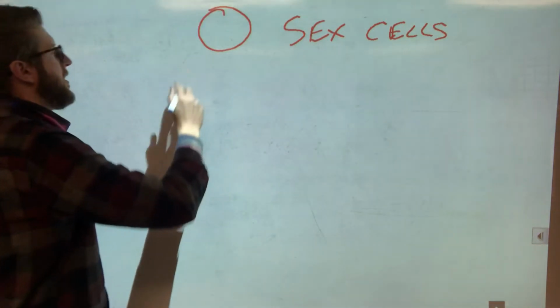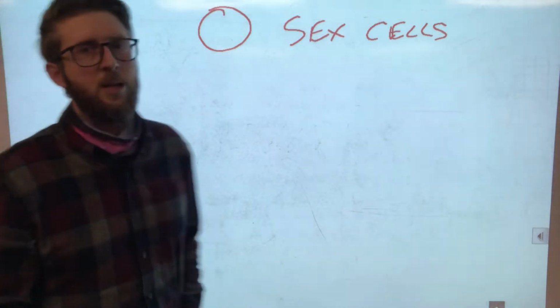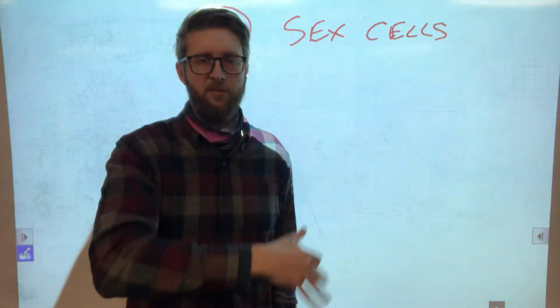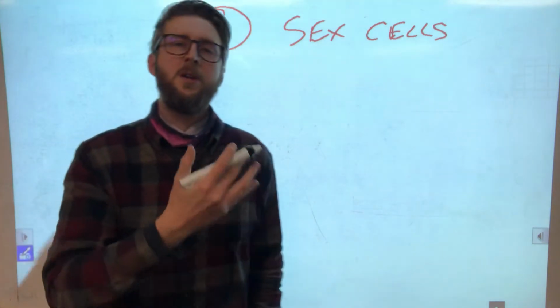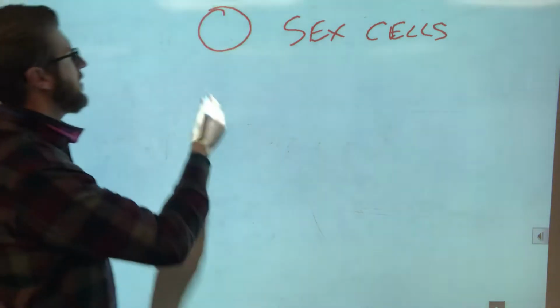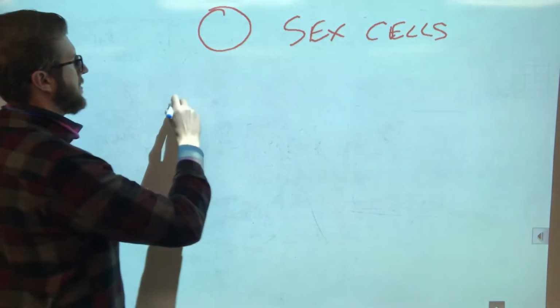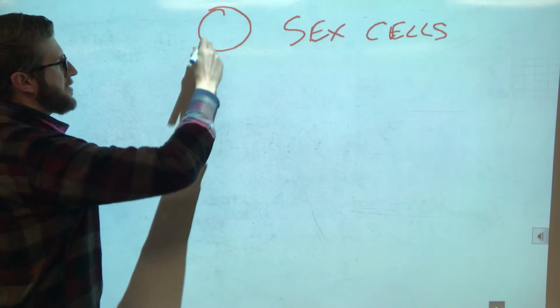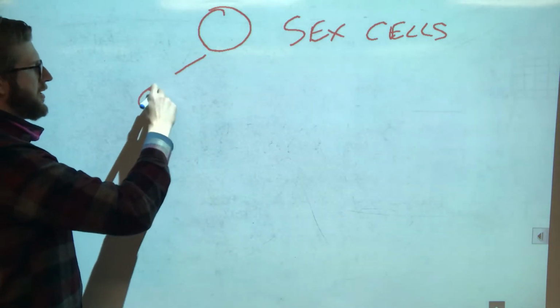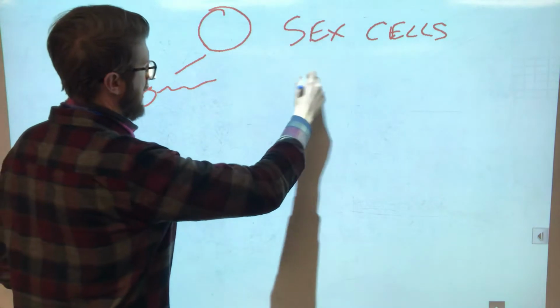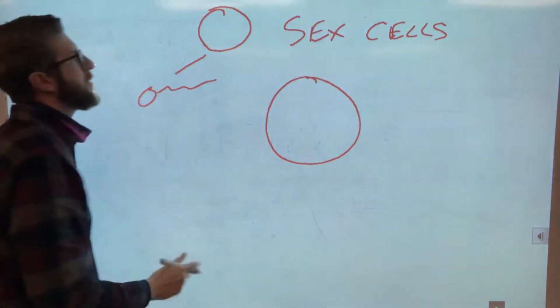Now, these sex cells are located in the male testes and the female ovaries. And these cells create what are called gametes, okay? And gametes are going to be sperm and eggs, okay?